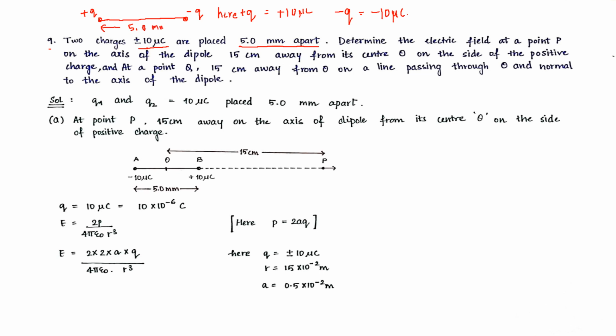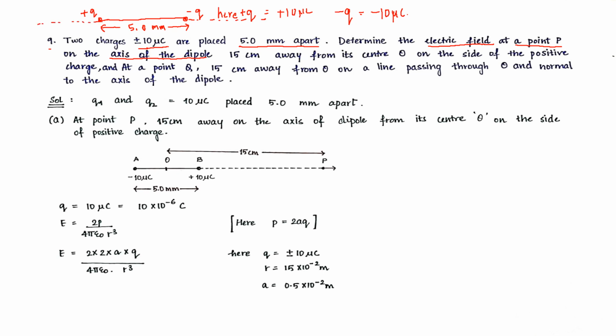Determine the electric field at a point P on the axis of dipole. On the axis of dipole implies on the same axis, either here or on this side.